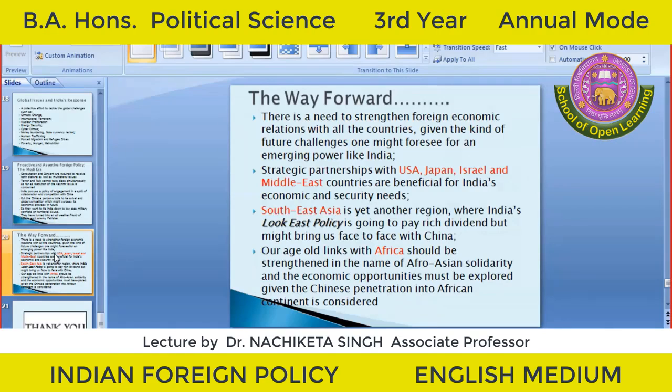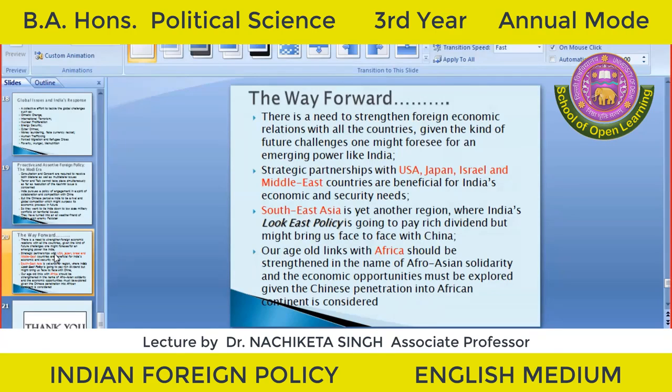As far as the determinants are concerned, determinants are the factors. Nothing happens in a vacuum, you must understand. When you do something, you are influenced by many other factors and actors. That is very important to understand.